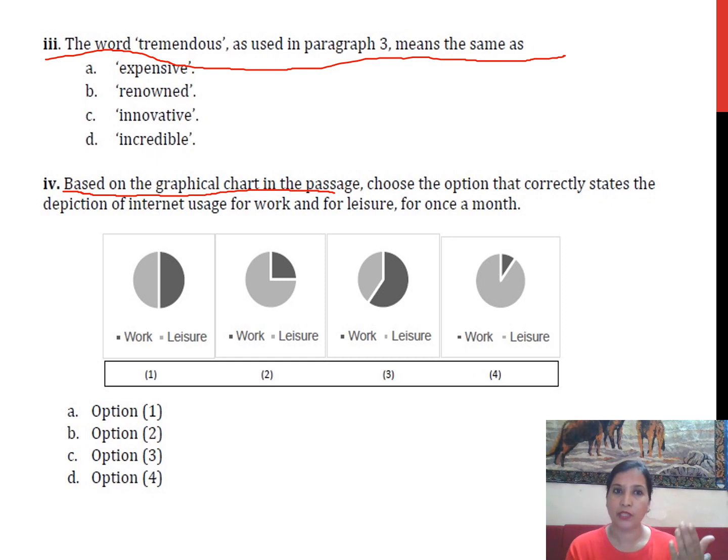In the previous question, we had to find a word which could be replaced by the word tremendous, and in this question you have to see all these 4 pie charts, and you have to draw inferences. You have to analyze this data, and then attempt the question. I'll come to this also later. Let's first take up the first question.